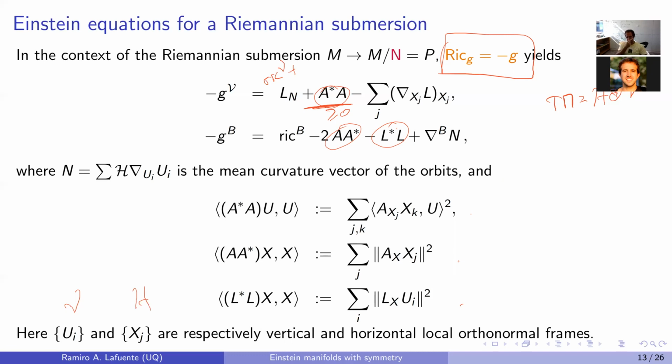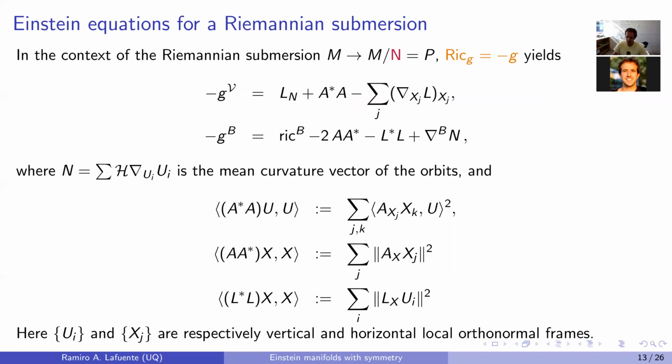So that simplifies a lot the situation that we have to consider. All right. Now, we have to work with this set of equations and try to obtain some information from them.